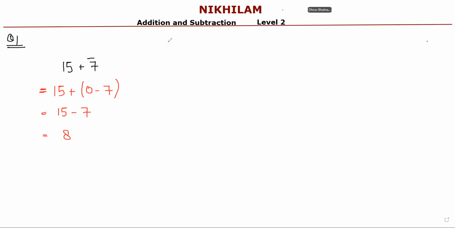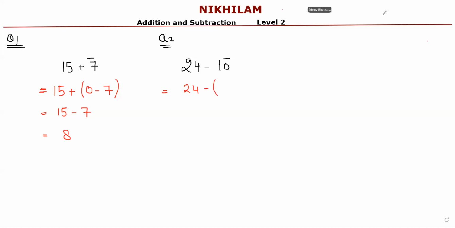Let's take the second question. For example, if you have 24 minus 10, and the bar is over the 0 only. This is a good question. So this is 24, because there is no change in 24.